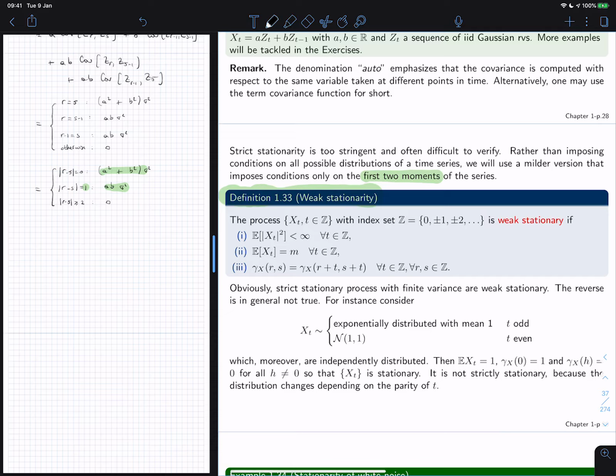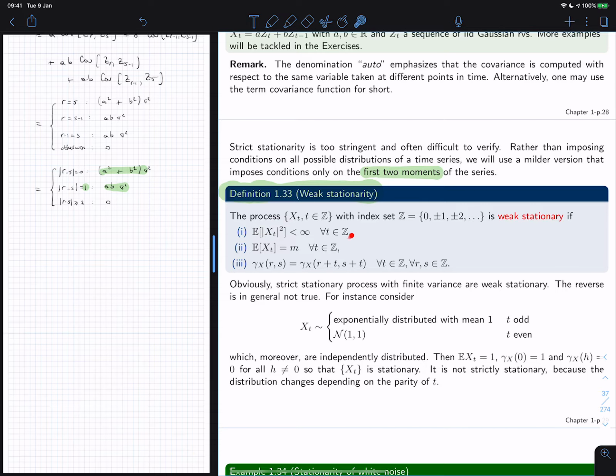So the process is weakly stationary if it has finite variance at all time points, if its mean function is constant, and if its covariance is shift invariant.